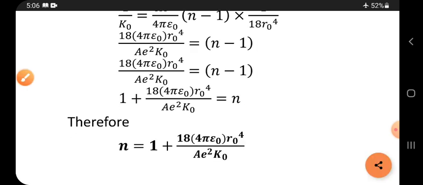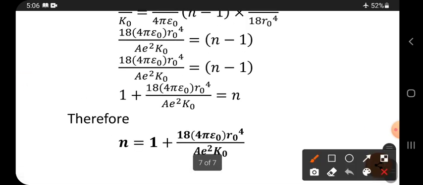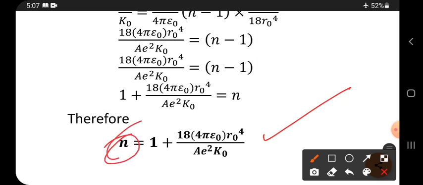Therefore the n value is 1 plus 18 into 4 pi epsilon naught r naught power 4 by a e square k naught. This is the Born exponent: n is equal to 1 plus 18 into 4 pi epsilon naught r naught power 4 by a e square k naught.